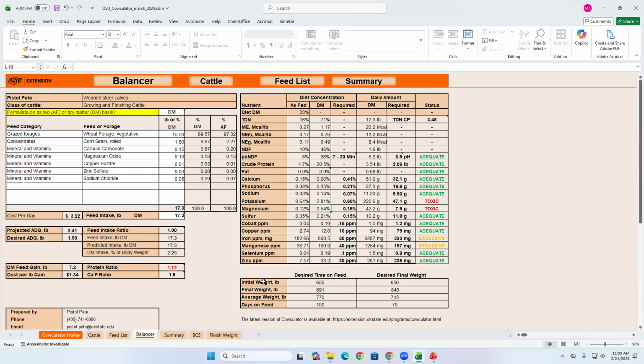We need to add magnesium. Let's check it again: 2.8 divided by 0.66 plus 0.69. We're good. We could decrease magnesium a little bit, but that's fine.